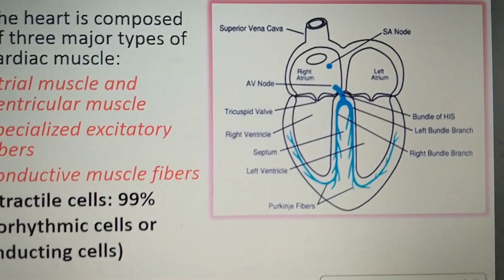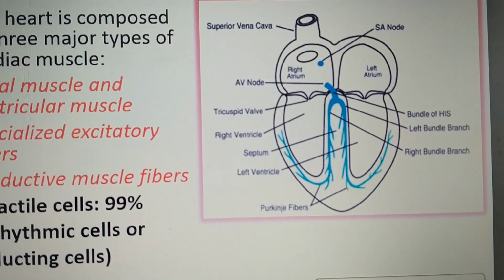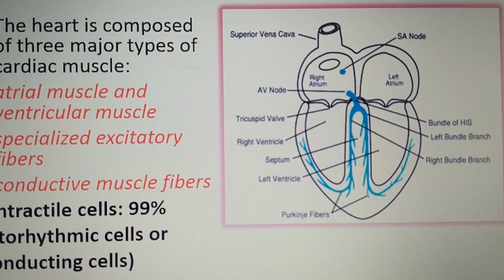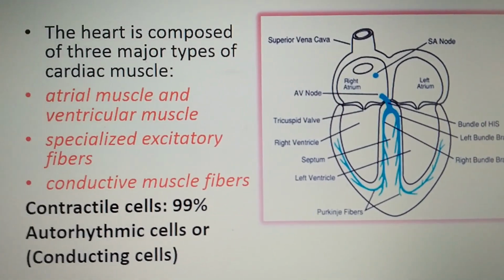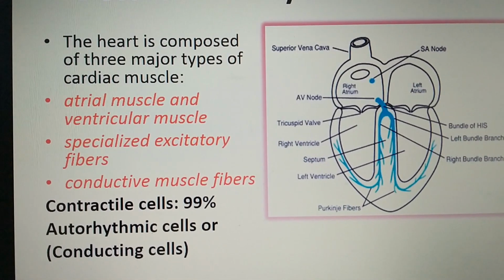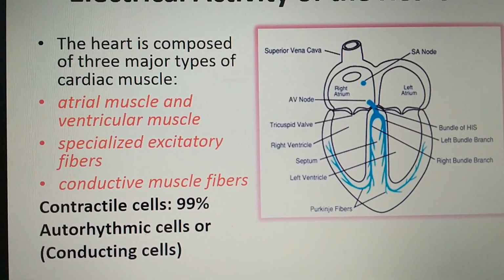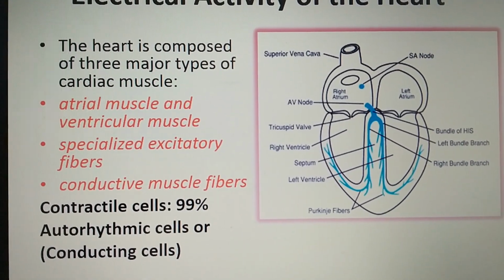In this diagram, the blue structures are basically responsible for the generation and conduction of the electrical impulse. So we can understand that 1% of the cells are the ones that can generate and conduct the electrical impulse, whereas the bulk of the heart is made of the contractile cells.